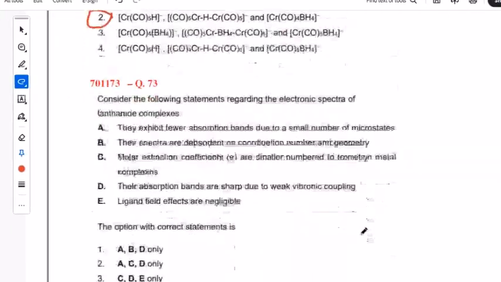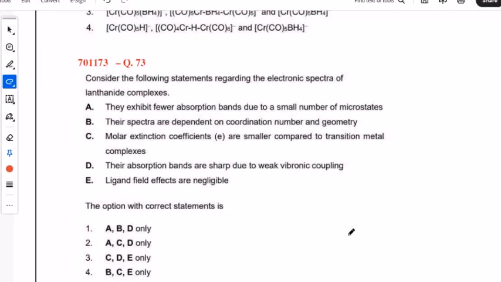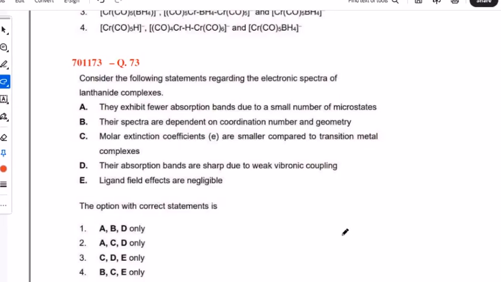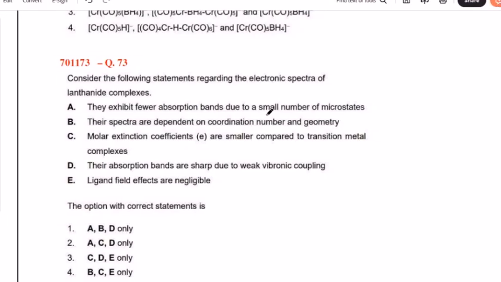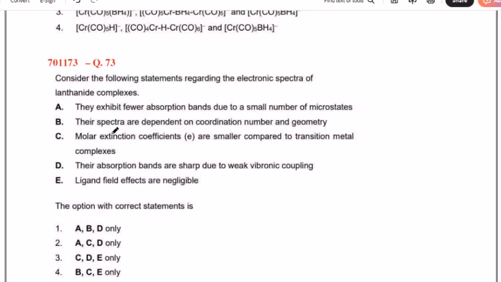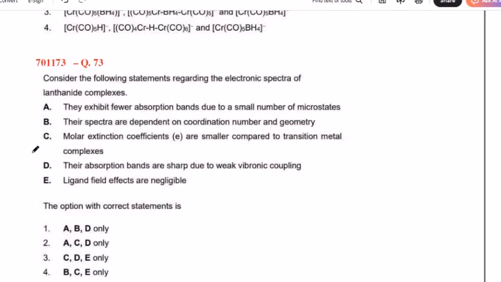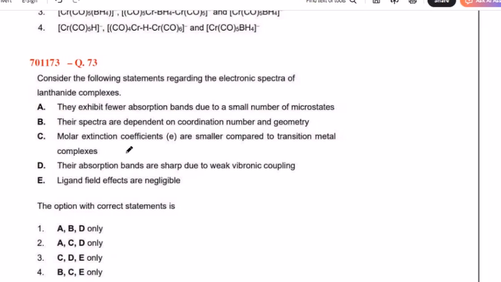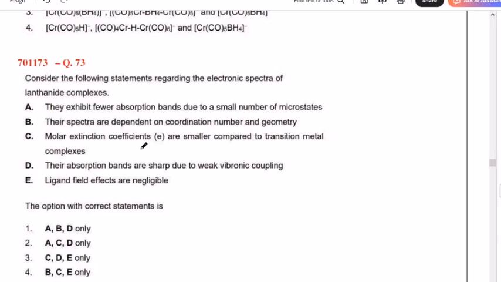Next, question number 73. Consider the following statements regarding the electronic spectra of lanthanide complexes. Statement A. They exhibit fewer absorption bands due to a small number of microstates. Statement B. Their spectra are dependent on coordination number and geometry. Statement C. Molar extinction coefficients are smaller compared to transition metal complexes.